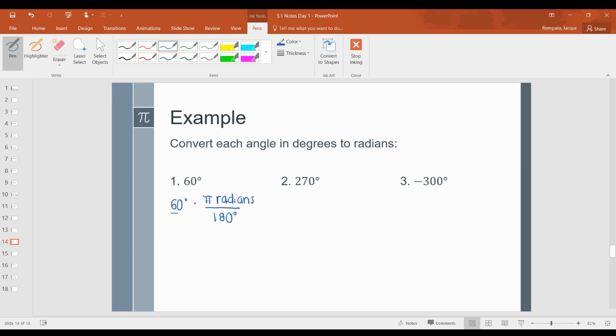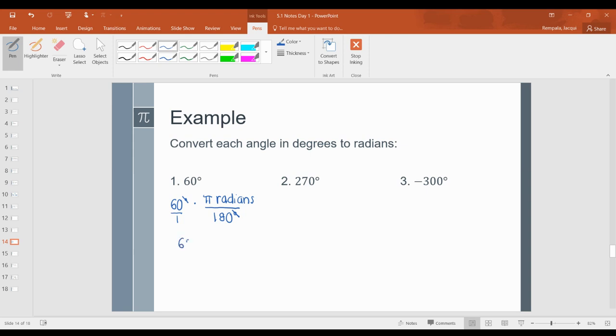Think about this: you can put the 60 degrees over 1. When you multiply fractions, you multiply straight across. If there's something on the top that's on the bottom, they're going to cancel out nicely. In this case, the degree for the 60 is going to cancel out the degree for the 180. So the degrees go away and you're left with radians, which is what I wanted to convert to.